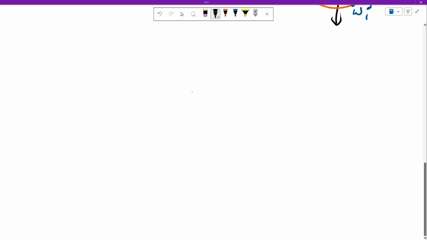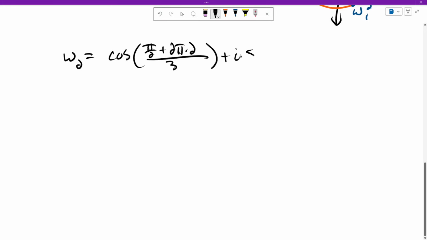Now lastly, w_2. Again I'm going to avoid writing the cube root of 1. It's a similar formula: cosine of (pi halves plus 2 pi times 2, over 3) plus i sine of (pi halves plus 2 pi times 2, over 3). So that's 4 pi plus pi halves, which I believe should be 9 pi halves.